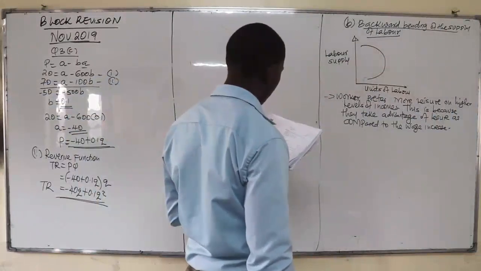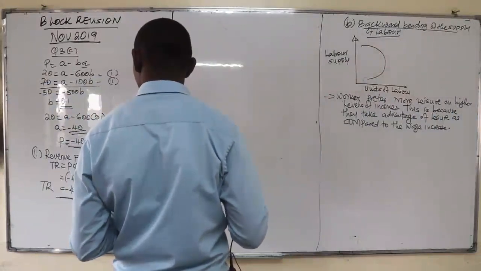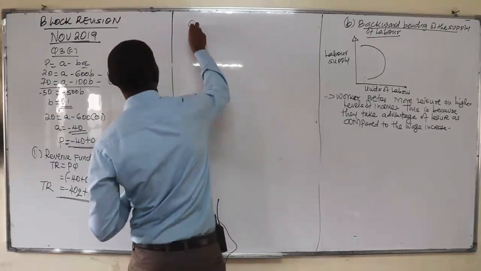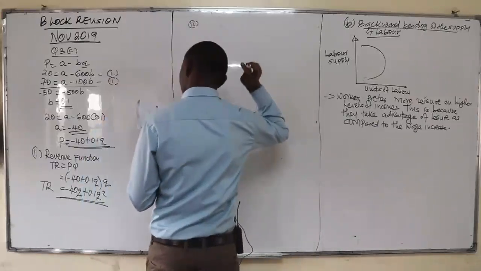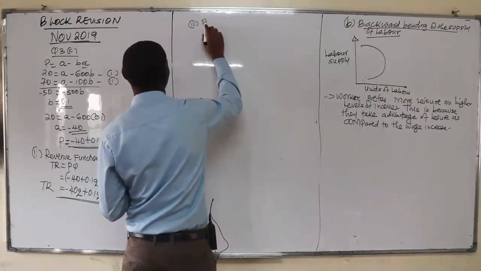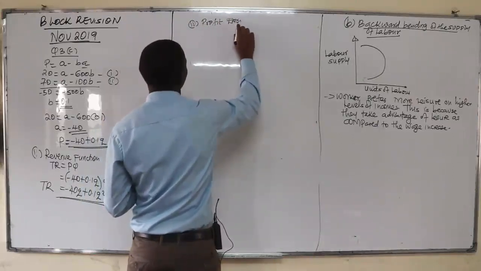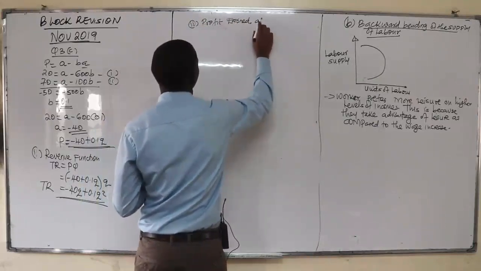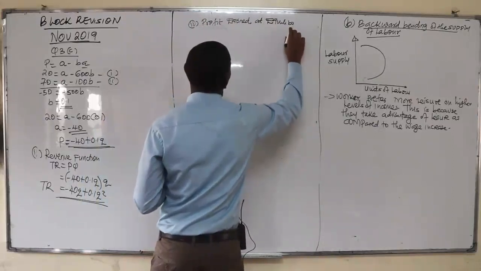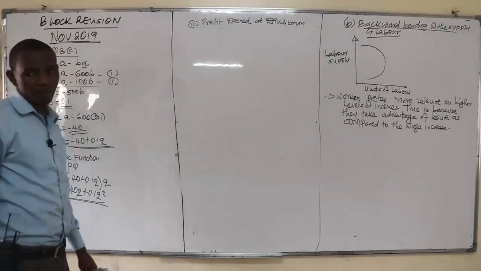Then the other one, Roman 2, is the profit at equilibrium.